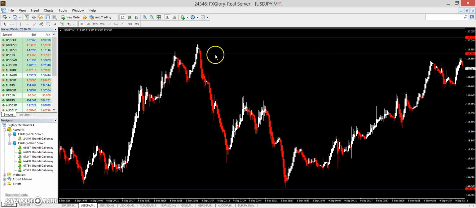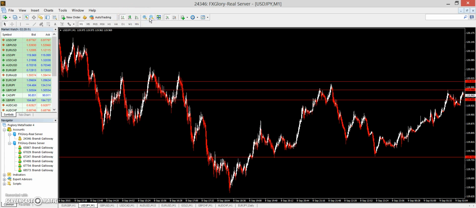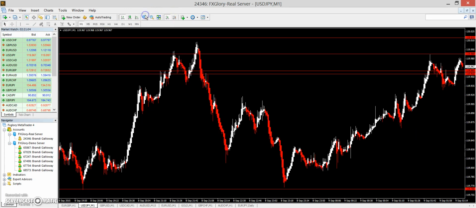So now what we're doing is we're looking for the last structure low closest to right here, which would be about right there. There may be another one. I'm looking. I'm going to say right here. Now, we're going to zoom back in.